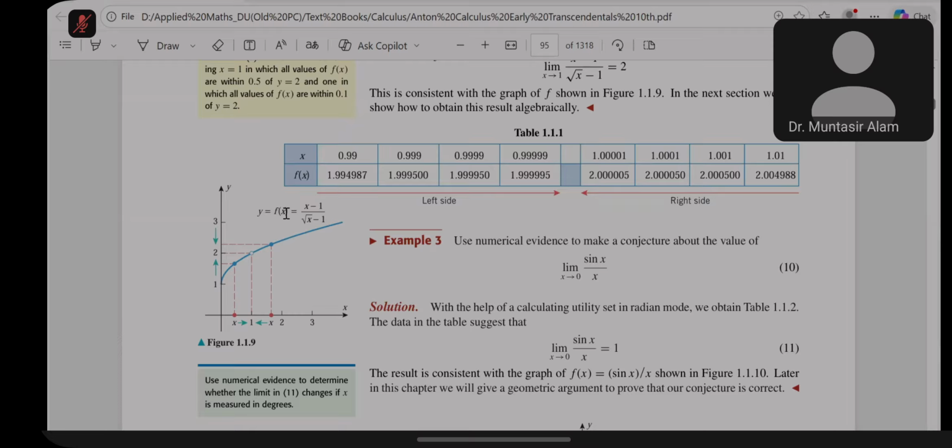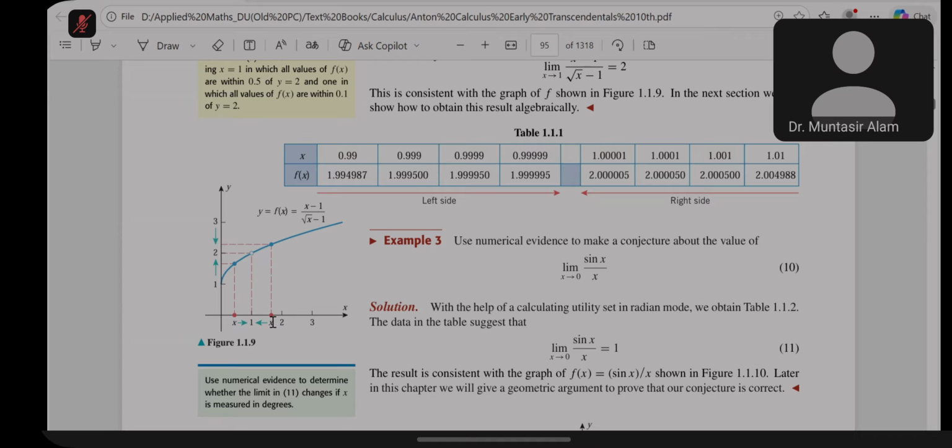If we sketch the curve (x minus 1) divided by (square root of x minus 1), then the curve takes this form, the blue colored curve. This is the function curve. And we have a breakpoint or a discontinuity at x equal to 1. But still, if we move closer to 1 from the left hand direction, the function value approaches 2.